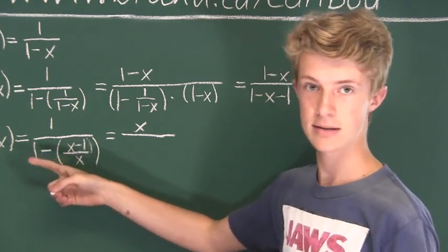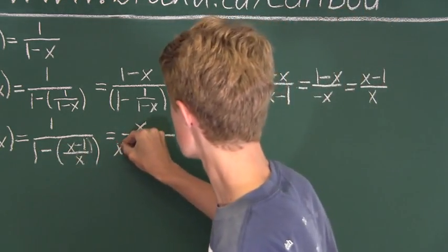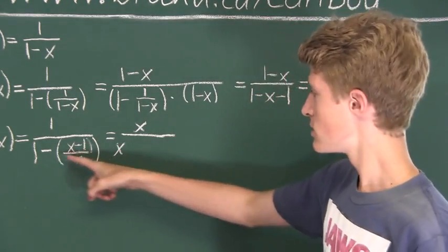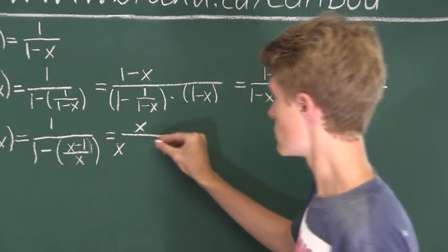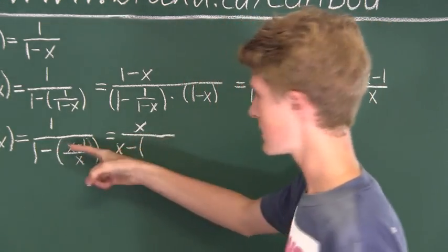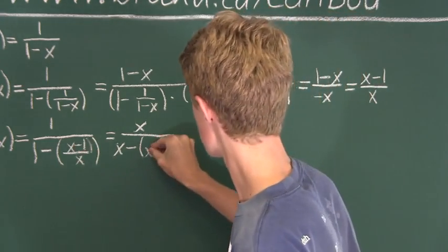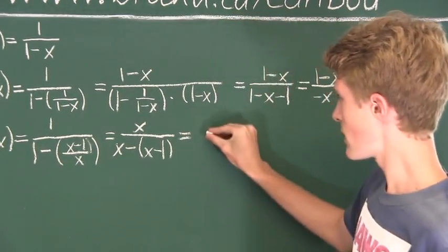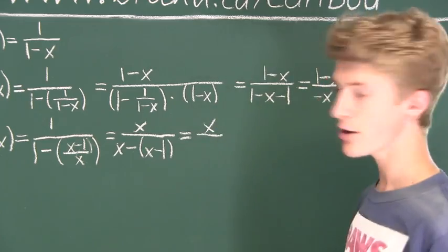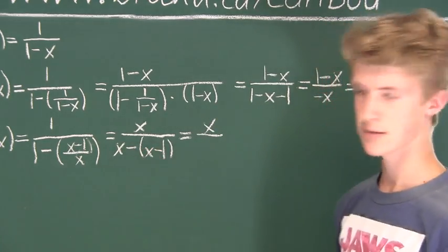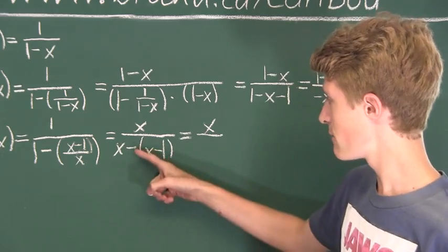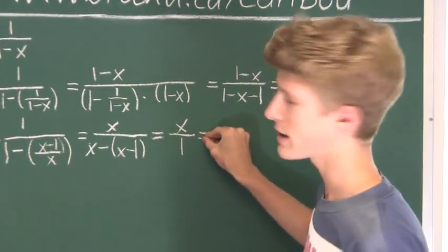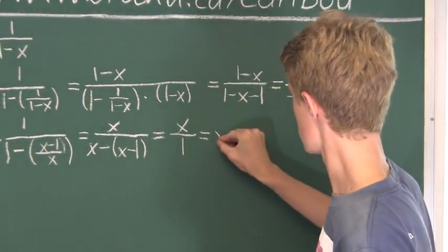So 1 times x is x, and then x times 1 over x is just 1. So we have minus x, minus in brackets, x minus 1. So again, we have x as the numerator, but now we have x minus x, which is 0, and we have minus 1, which is positive 1. And x divided by 1 is x.